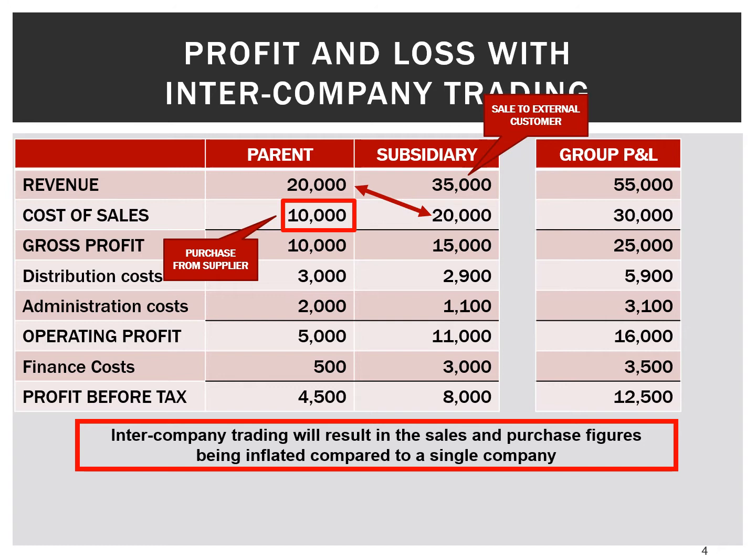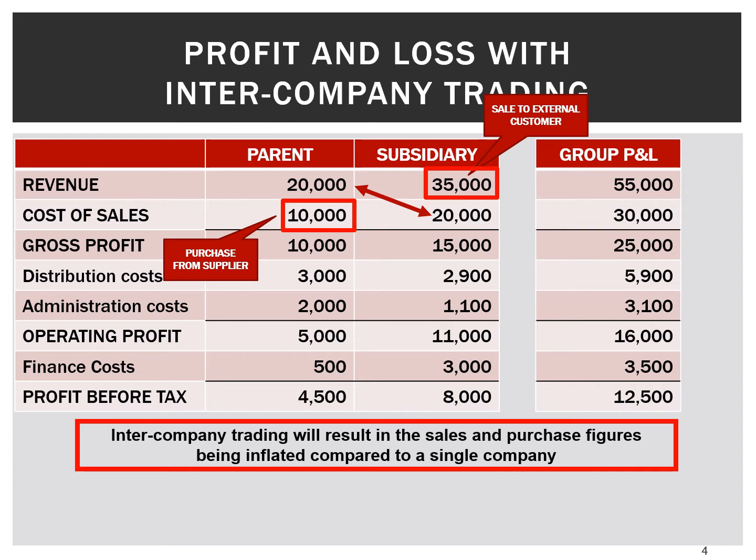Now, if those transactions had been carried on by just one company, what would appear in the profit and loss account? We would have the original purchase from the supplier of 10,000, and we'd have the ultimate sale to the external customer of 35,000. That transaction of £20,000 between the parent and subsidiary company wouldn't be there if everything was carried on by just the one company rather than the two.